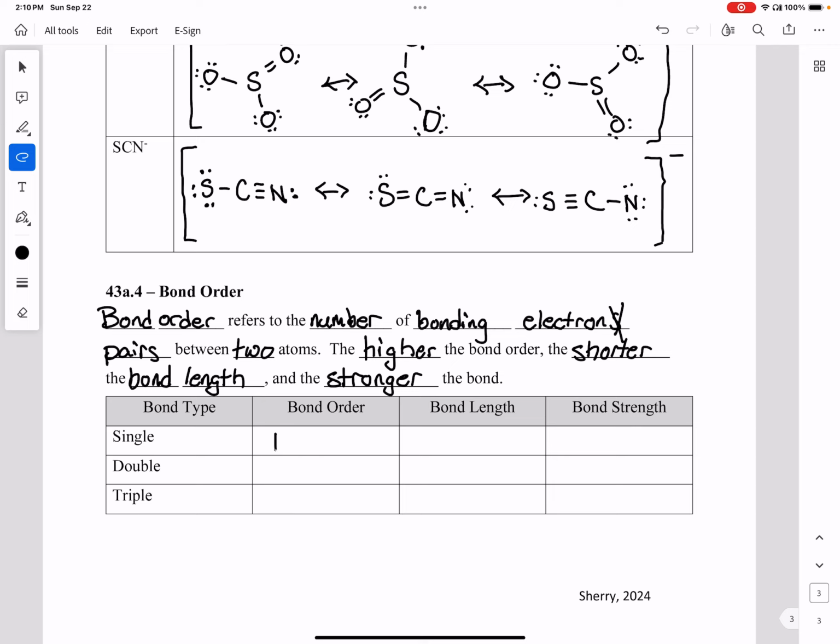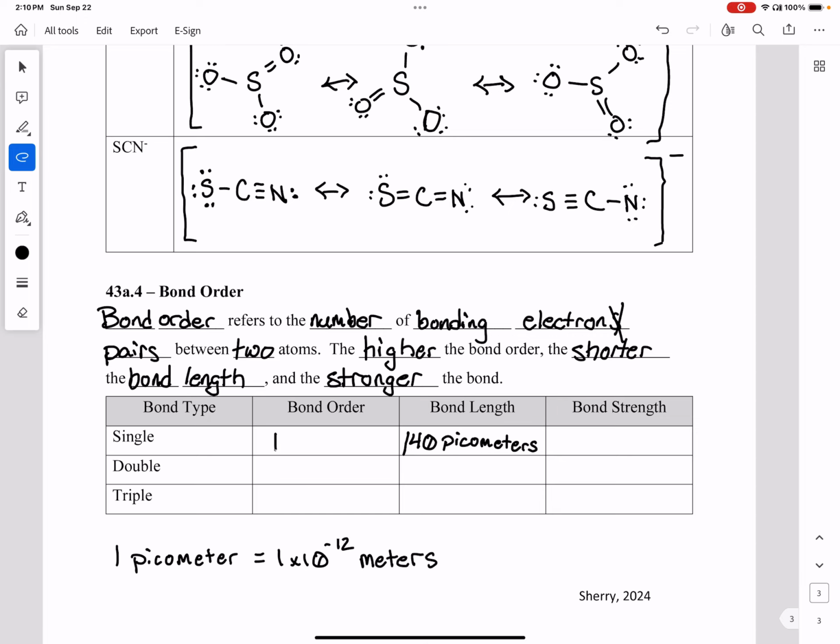It typically has a bond length of 140 picometers. And we'll just note at the bottom, 1 picometer equals 1 times 10 to the negative 12th meters.